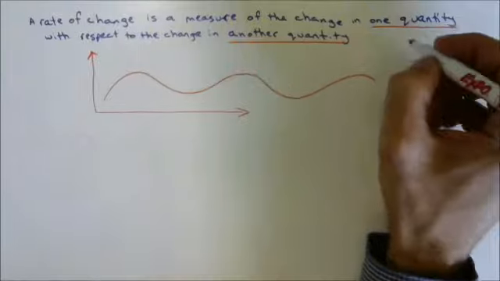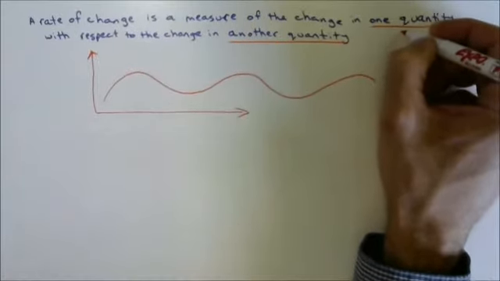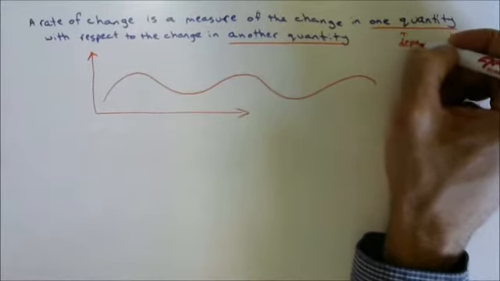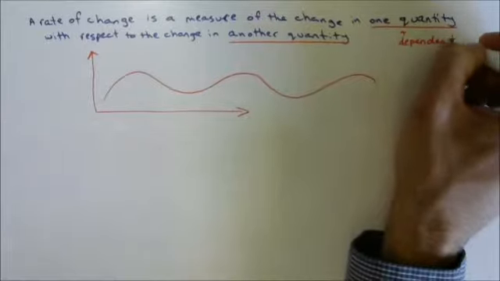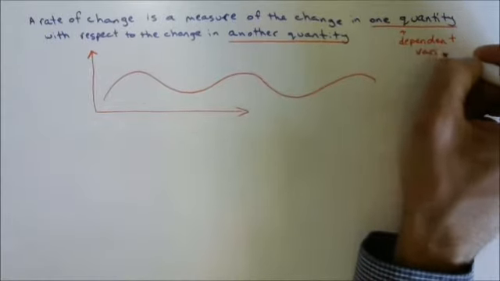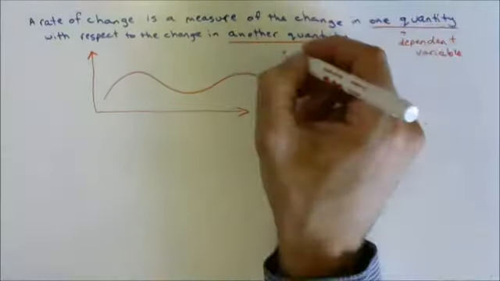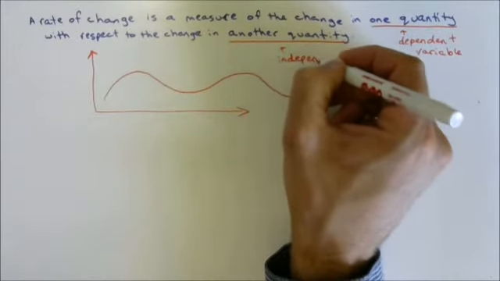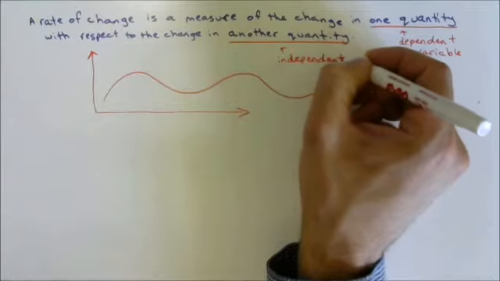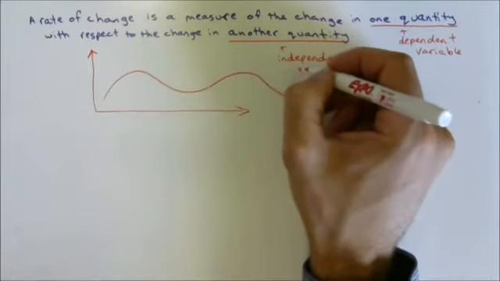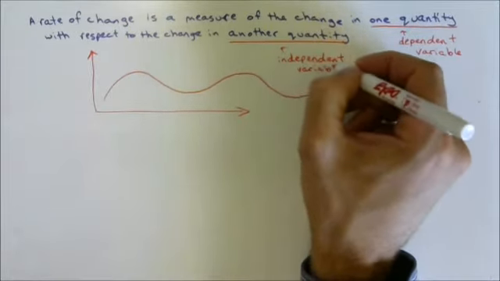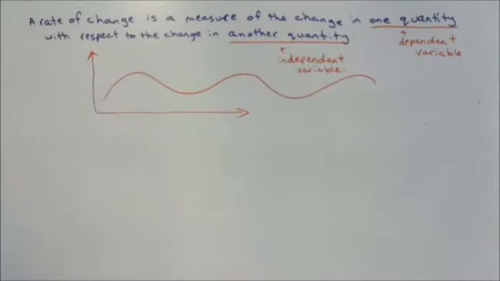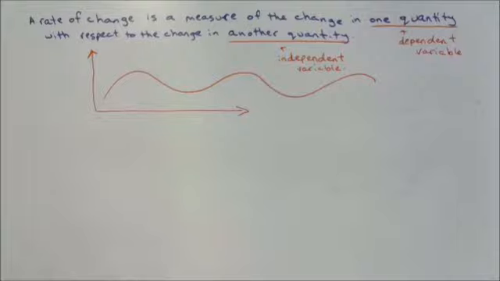So you have a dependent variable and an independent variable. It's the change in one quantity with respect to the change in another quantity.